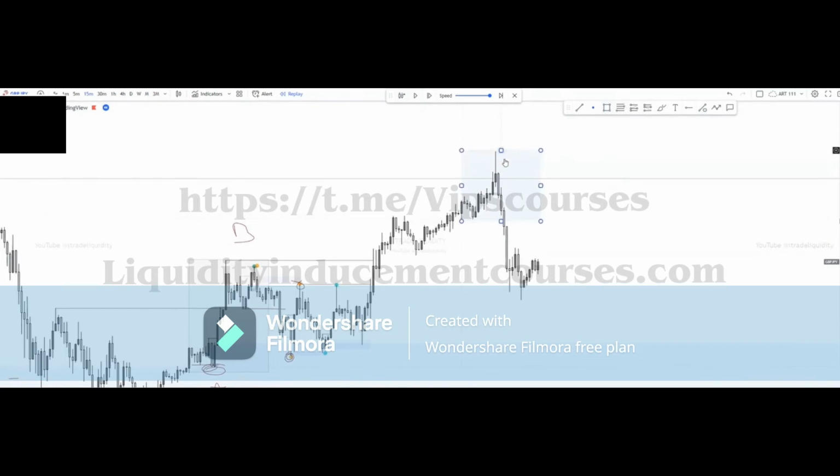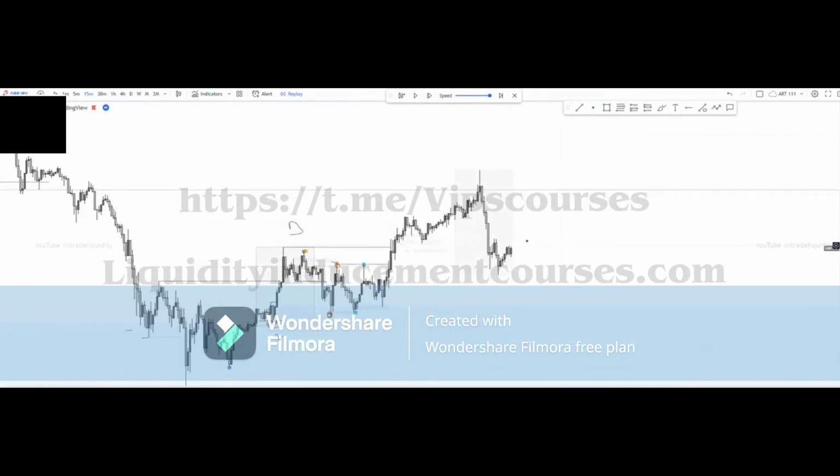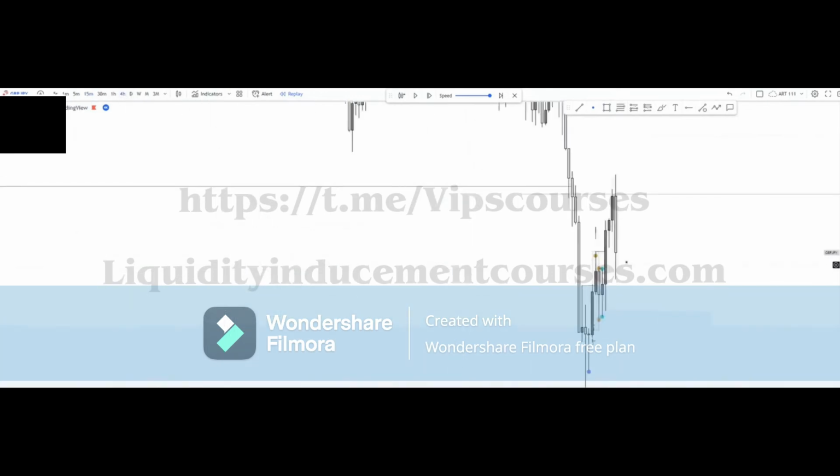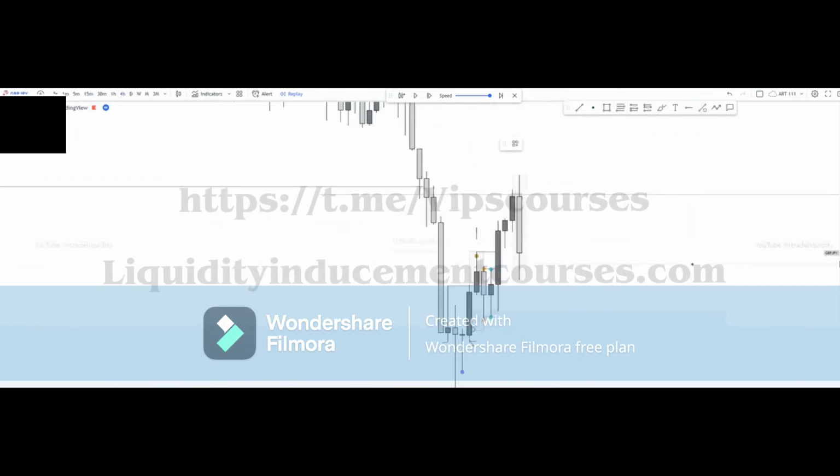There's all Asia. All right. So Asia's liquidity. So what's just below it? Let's see. So we have an order block, a rejection block on the 4-hour. We have an indicator which is below Asia.